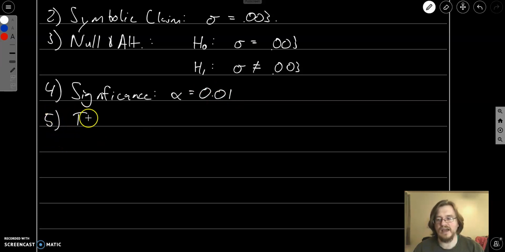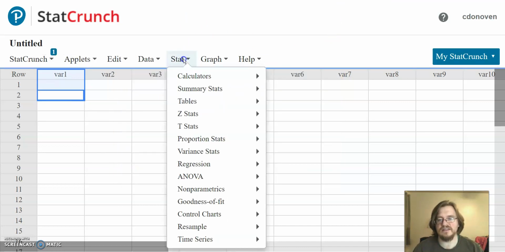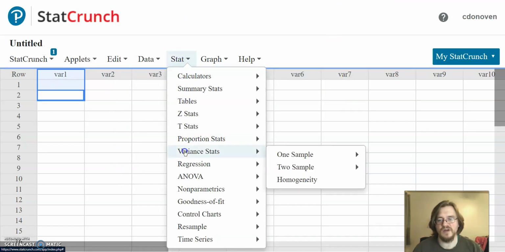Next, we have to find our test statistic. For this, we'll just use StatCrunch. And if we come to StatCrunch, in statistics, we can come down to variance statistics. Remember that StatCrunch doesn't like working directly with standard deviations.